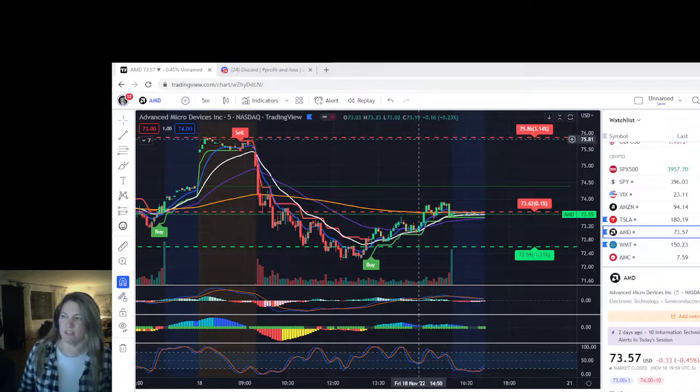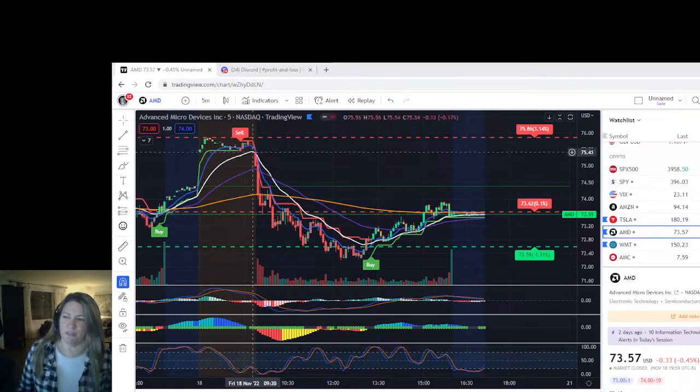So these dashed lines here are support and resistance lines, and when they're used as support, they are green, and when they're used as resistance, they are red. So they turn and change colors as they move along the chart, as the candles move along. The 9 EMA is the blue one, and that usually helps us determine the short-term trend, and we use that as a support or resistance to determine the way that the trend goes.